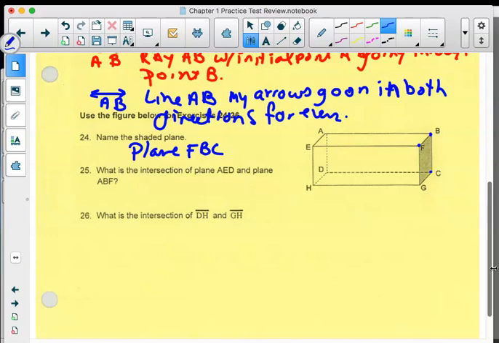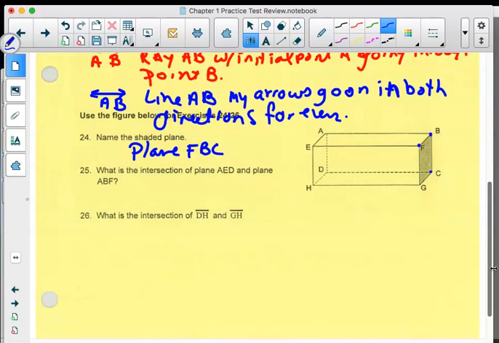So we have to be able to discern which is which. So I'm saying name the plane, and that's plane FBC. I could also go plane BCG, could have gone plane GCF, okay? So combinations of those 4, but 3 letters is good enough to name a plane.